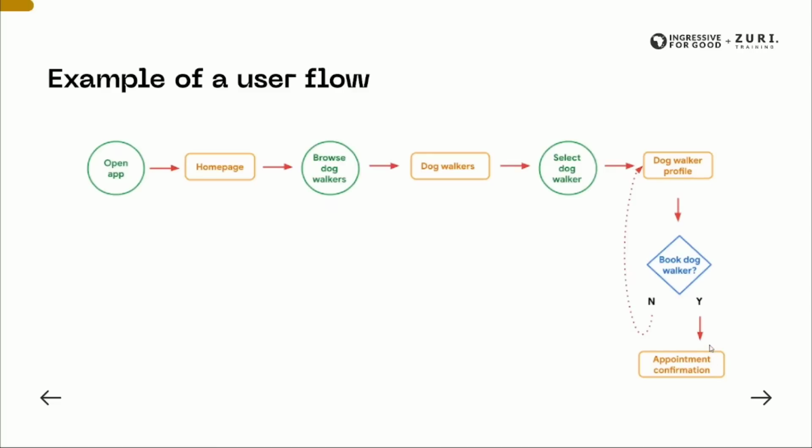If the user decides not to book, the user flow follows the no arrow back to the dog walker profile screen. Our user is moving on to the rectangle appointment confirmation screen, so we'll follow that with a solid line, and this completes the user flow.